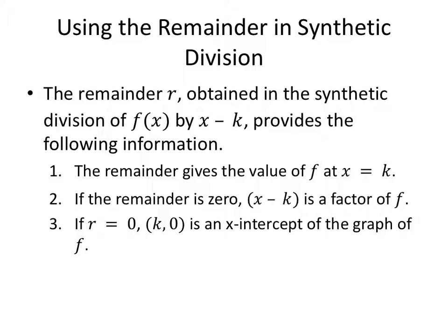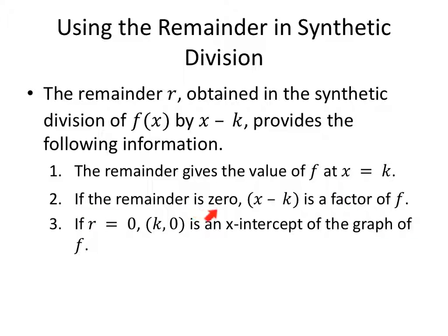Let's see how we could use this remainder in synthetic division. The remainder r, which remember is not always 0, obtained in the synthetic division of f of x by x minus k, provides the following information. All of this information is kind of the same. If I talk about one, it also means the others. The remainder gives the value of f at x equals k.